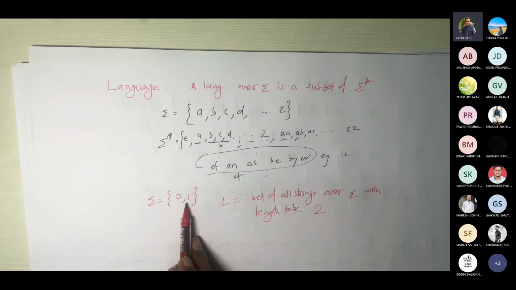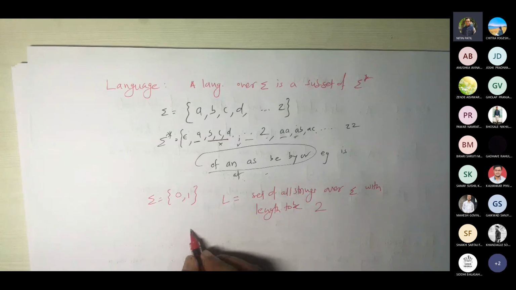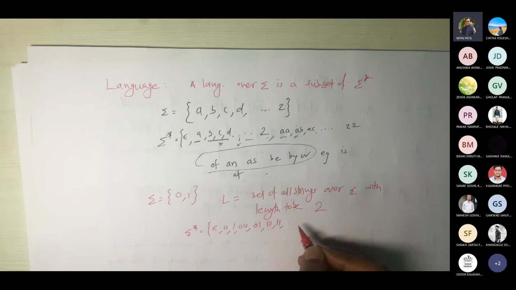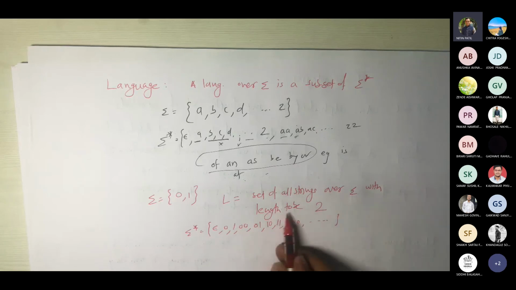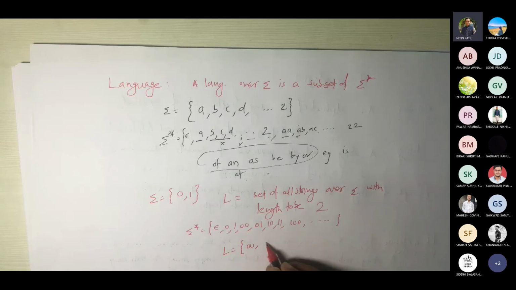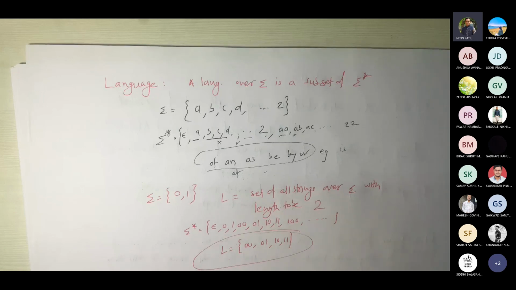Now if I compute sigma star, it would be very big, but I wanted only length 2. So if I compute sigma star, what would it be? Epsilon, 0, 1, 00, 01, 10, 11, 000, and so on, correct? But I'm going to talk about only length 2. What would be L? 00, 01, 10, and 11. Done. So my language only contains these strings.